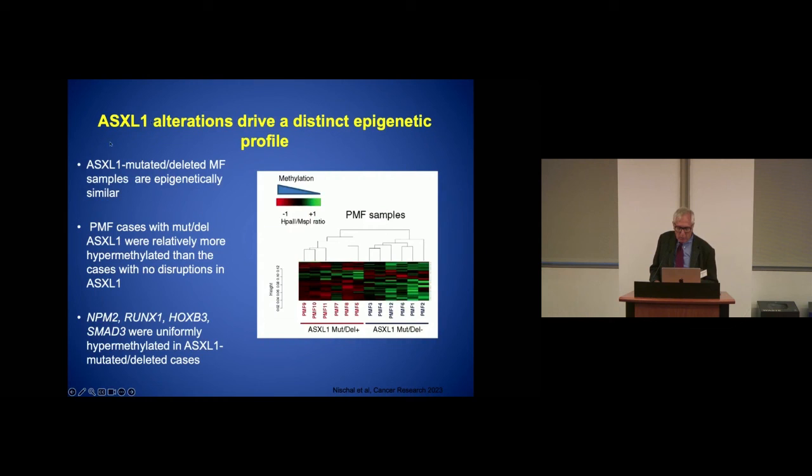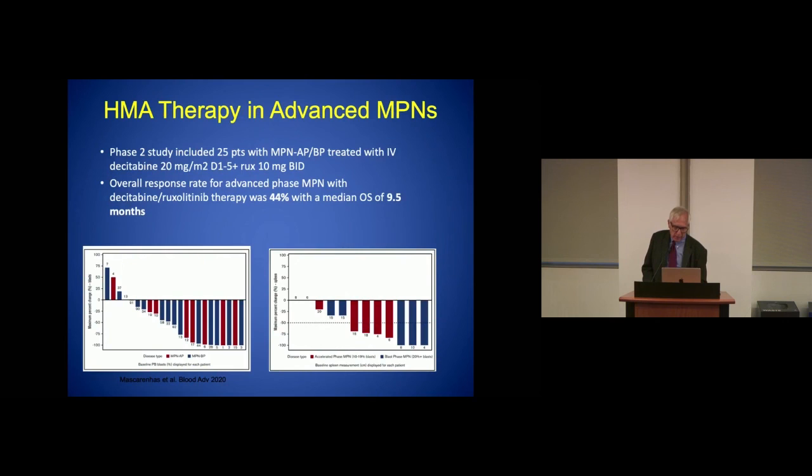Also, one of the mutations, ASXL1, leads to hypermethylation, which is a bad prognostic parameter, and that essentially provides the rationale for these hypomethylating agents.